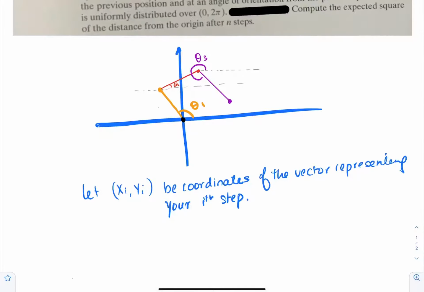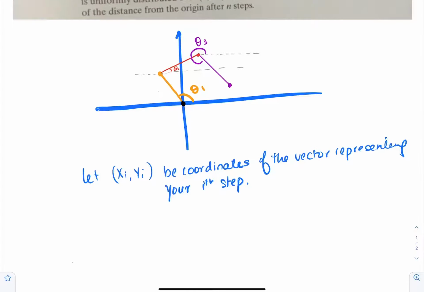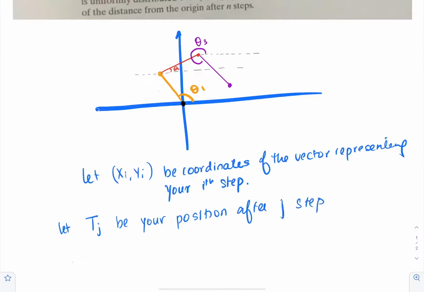Okay. Now, let Tj be your position after j steps. Okay, so what is Tj?